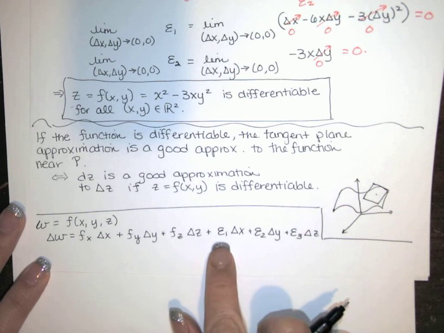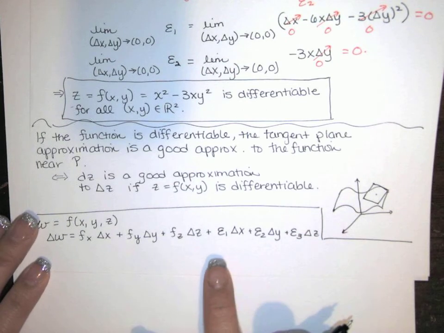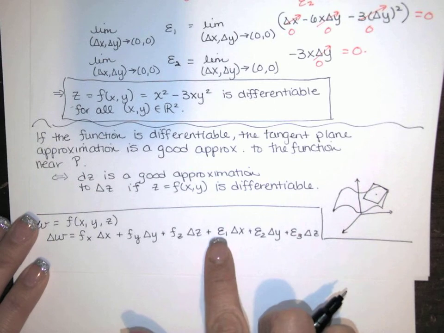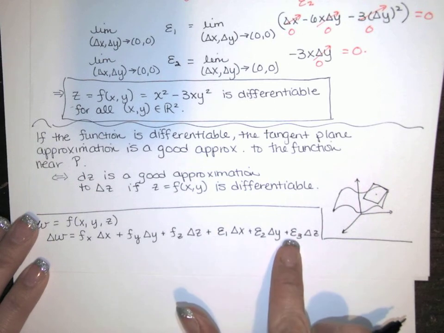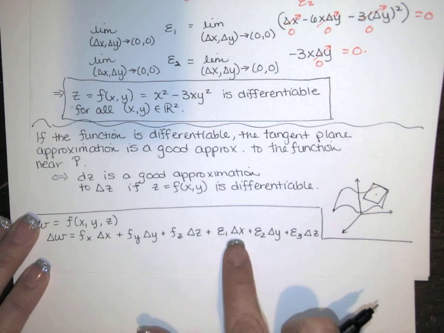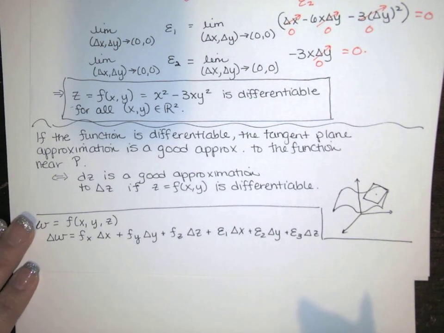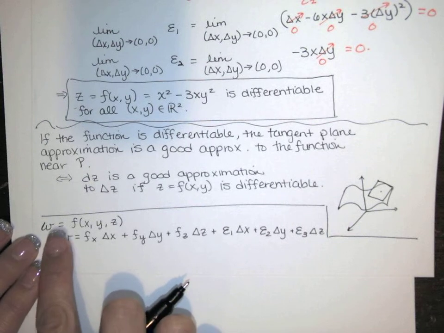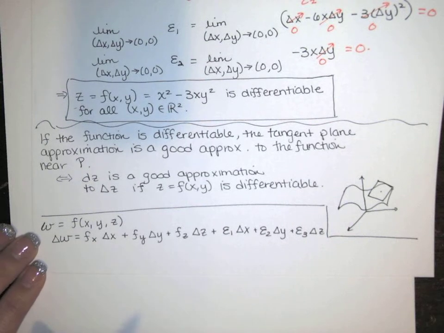And these are functions of several variables themselves, epsilon 1, epsilon 2, and epsilon 3. If epsilon 1, epsilon 2, and epsilon 3 approach 0, all 3 of them, as delta x, delta y, and delta z approach 0, then w equals f of x, y, z is differentiable.